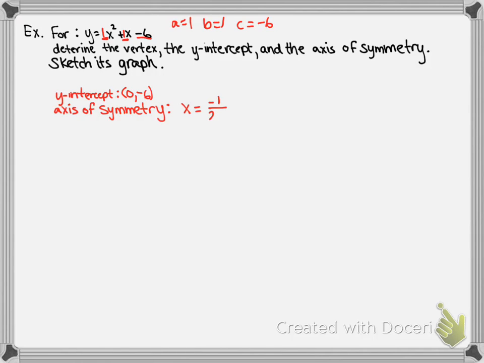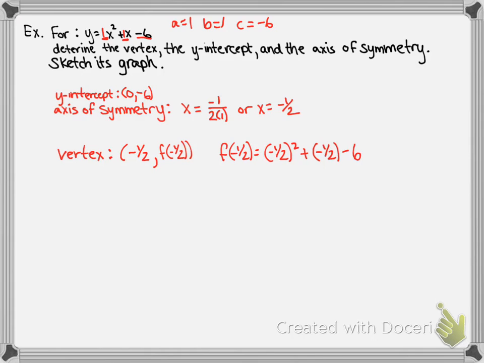So x equals the opposite of 1 over 2 times 1, or x equals negative 1/2. The vertex then is (negative 1/2, f of negative 1/2). So let's plug in negative 1/2 for x and get negative 1/2 squared plus negative 1/2 minus 6.